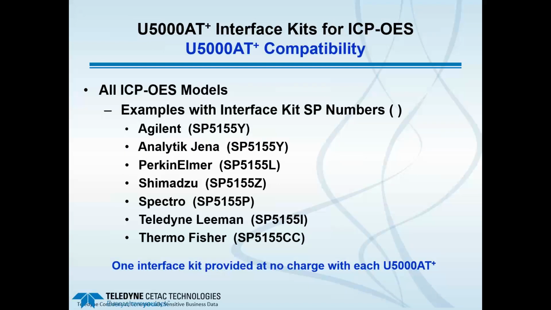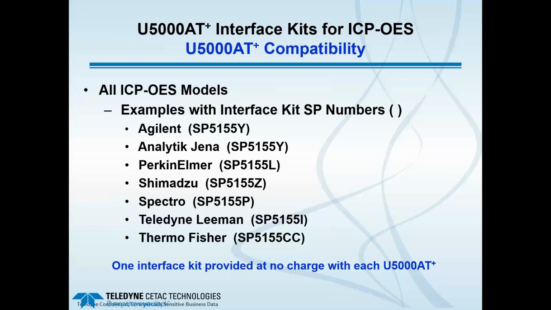And then, depending upon the model ICP you have, interface kits are available for all contemporary and quite a few legacy model ICP emission systems: Agilent, Analytik Jena, Perkin-Elmer, Shimadzu, Spectro, Teledyne Leeman, Thermo Fisher. One interface kit is provided at no charge with each order of a U5000 AT+.